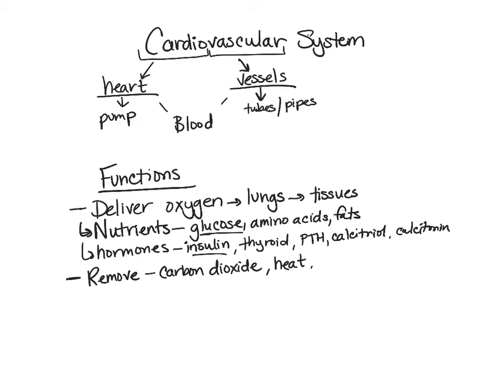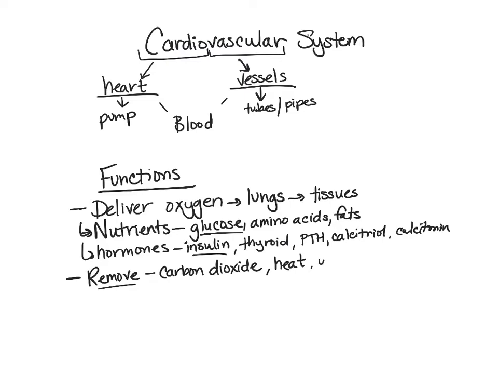Our cardiovascular system, the blood and the blood vessels, are going to be working to remove heat from the system if needed, or to maintain heat. In this case, we're talking about removal of something. So to remove heat, when our body is getting very, very high in temperature, one of the ways through homeostasis, through our negative feedback system, is that we'll bring our blood vessels closer to the surface of our skin and then allow that heat to be removed.